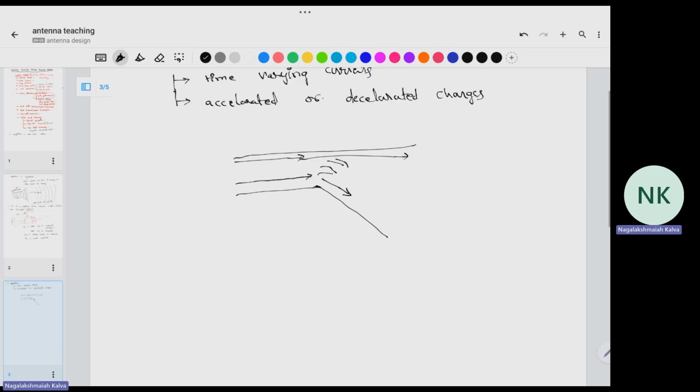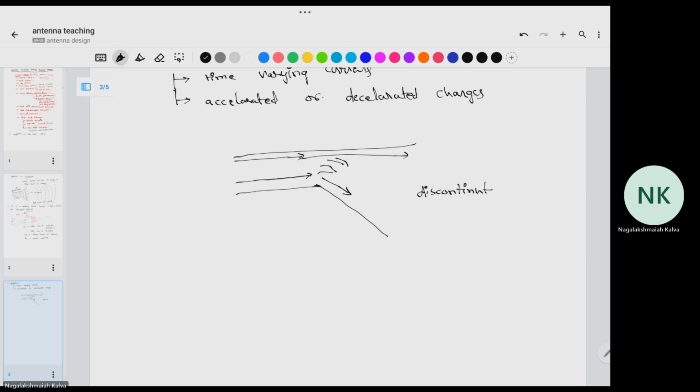So we need a discontinuity to get radiation. So this is the main thing which we need for getting radiation.